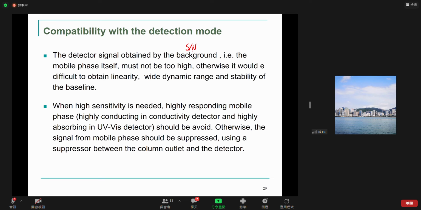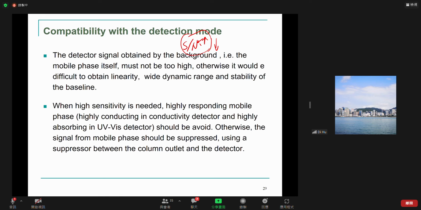If you have a very high background, that means you have very high noise, and then the overall signal-to-noise ratio will decrease, right? That is not what you want. You want a high signal-to-noise ratio. Also, that will influence the linearity, so you get a very limited dynamic range and an unstable baseline.